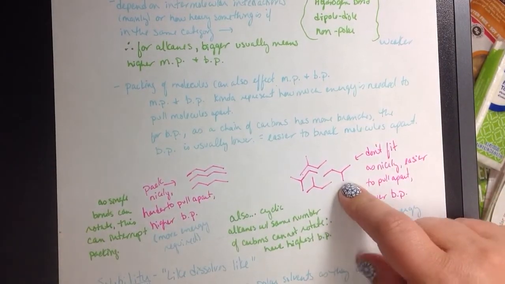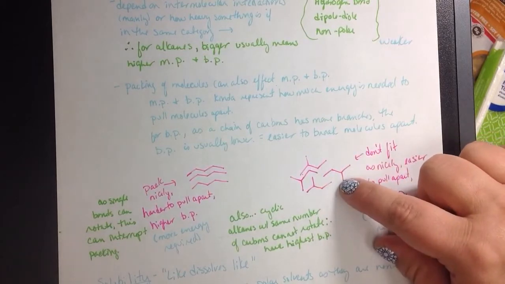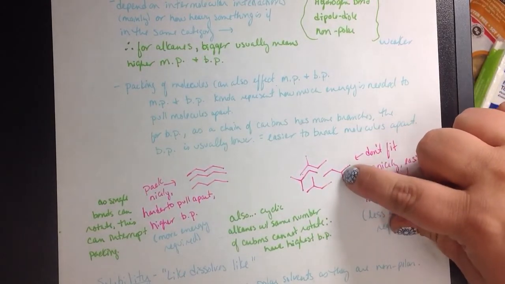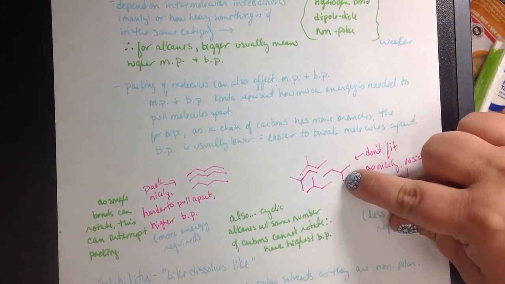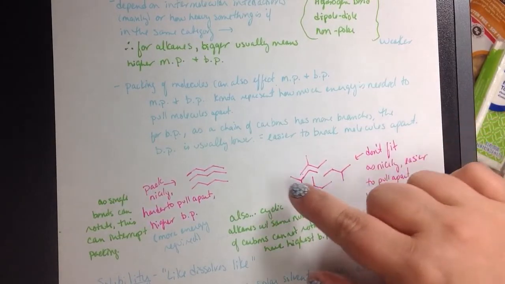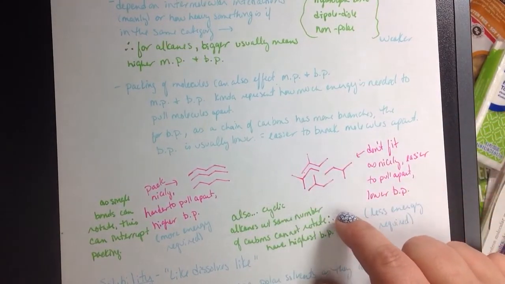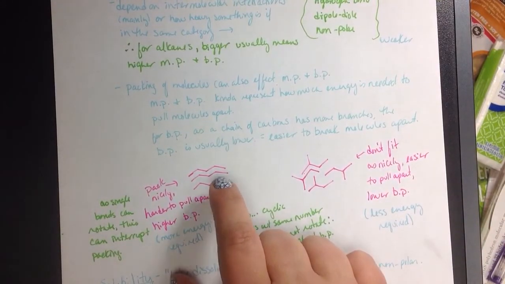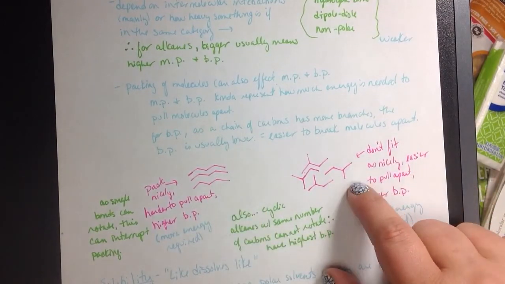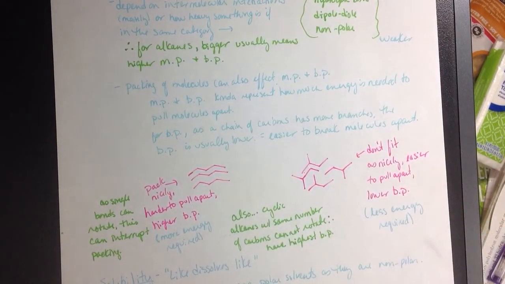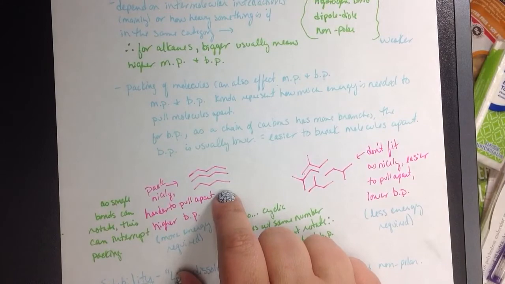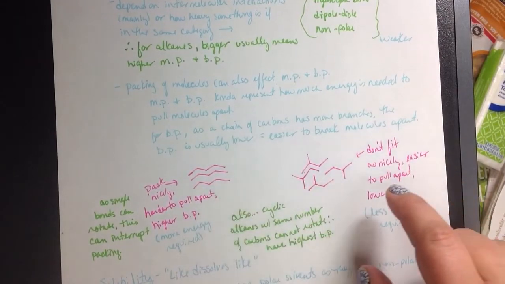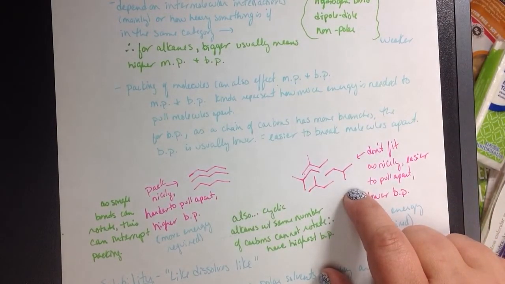Here, if you have the same number of carbons, but one sticking out, a substituent, these don't pack together very well, do they? So they're going to fall apart more easily. What that means is there's more energy required to pull these apart than to pull these apart. So the boiling point here will be higher than the one over here.